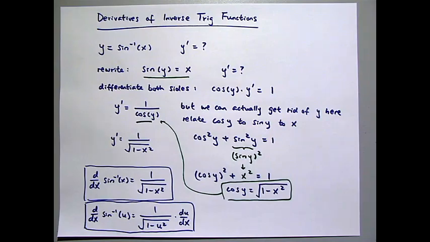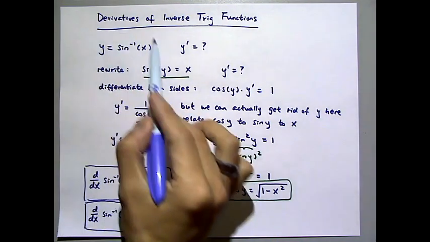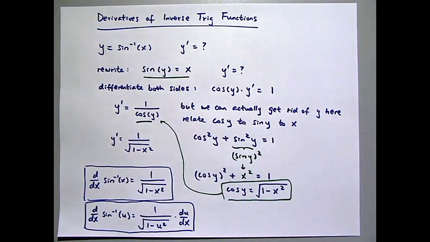You're on the right track, but let's be more precise here. Here's the clue. Look at this thing. What's the range of inverse sine? Negative pi over 2 to positive pi over 2. So that's the fourth and the first quadrants, right? So what's cosine in the fourth or the first? Positive. That's why we didn't include a negative root here.